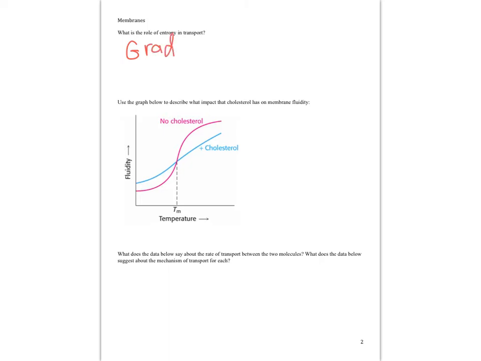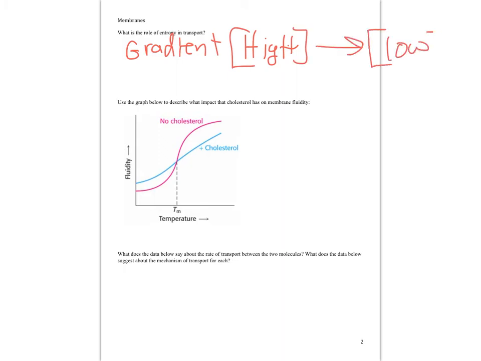When you move down a gradient, when you go from high concentration to low concentration, I'm just going to use the concentration steps. When you go from high to low concentration, you have a favorable entropy. Entropy increases. It becomes more disordered, and that is very favorable.